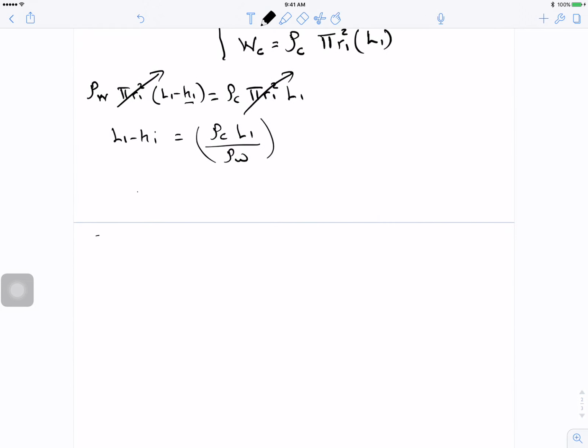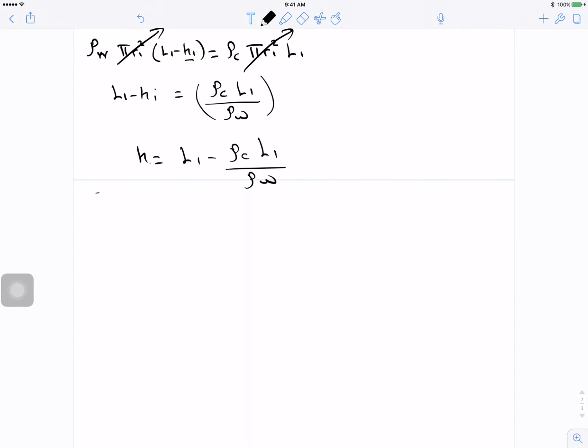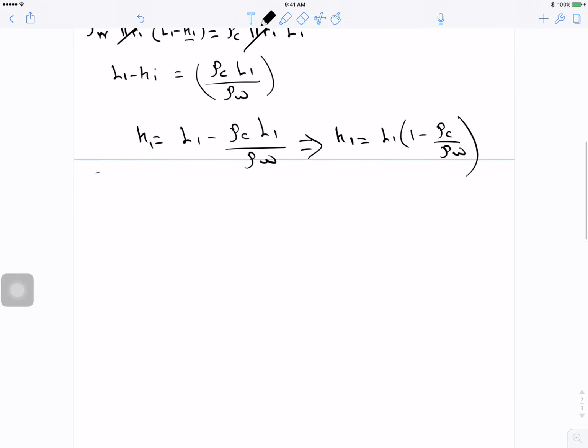So solving for H1, that will give us L1 minus PC L1 divided by PW. We can take the L1 out. So H1 is going to be equal to L1 times 1 minus PC divided by PW. All right, so these numbers are kind of nice.